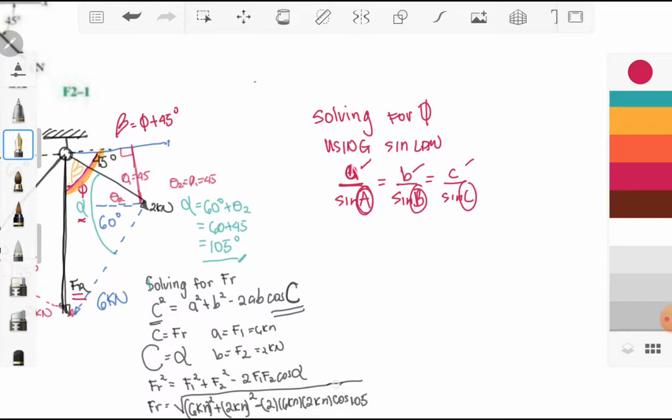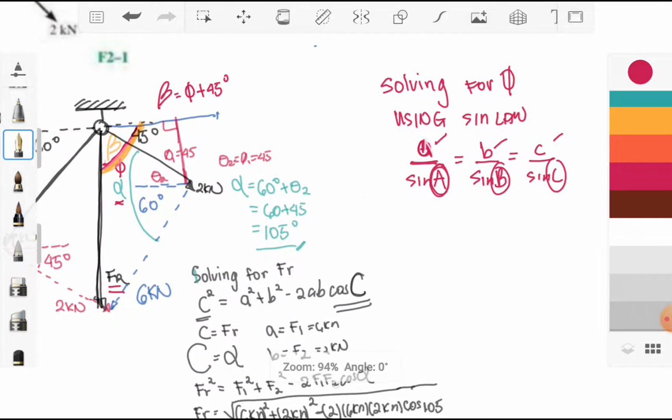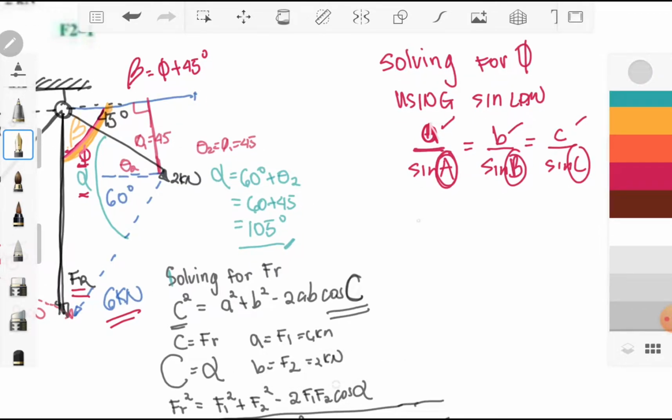Analyzing the figure, what is the magnitude opposite to your angle phi? It is your 6 kilonewton. So my a is equal to 6 kilonewton, and my angle A, which is phi, is unknown.